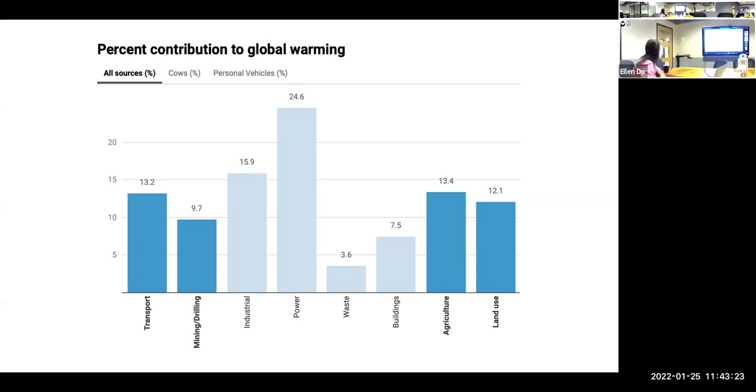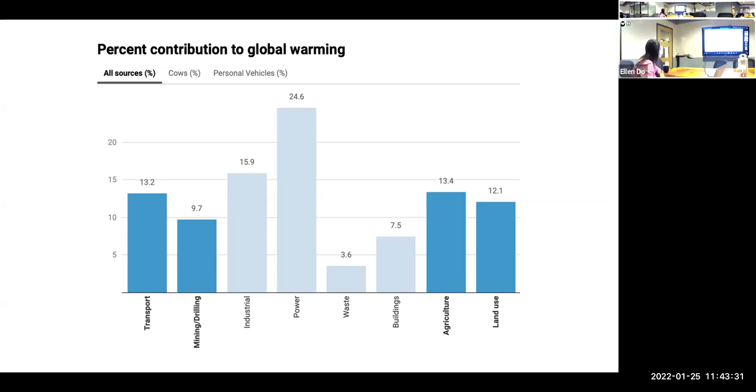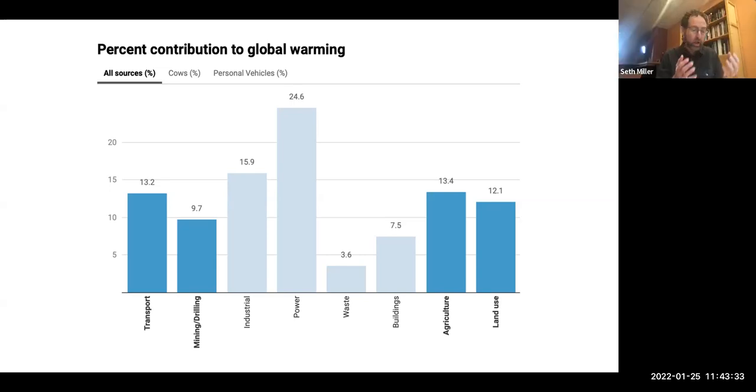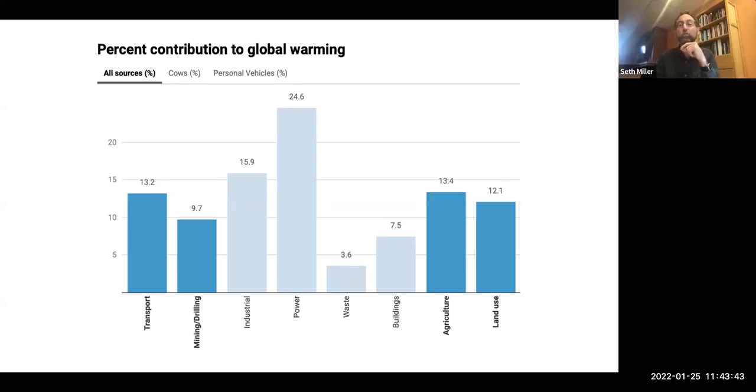Personal cars and trucks make up about 10% of global greenhouse gases. And we put a lot of effort into thinking about how to make that green, how to take the internal combustion engine and replace it with batteries, replace it with an electric drivetrain. But we don't talk very much about how we might innovate in the agricultural sector.